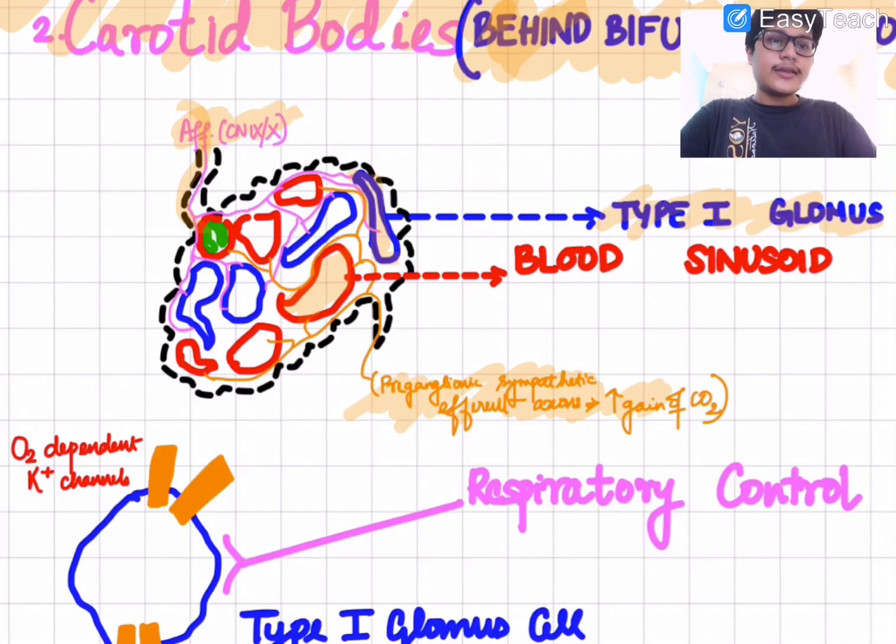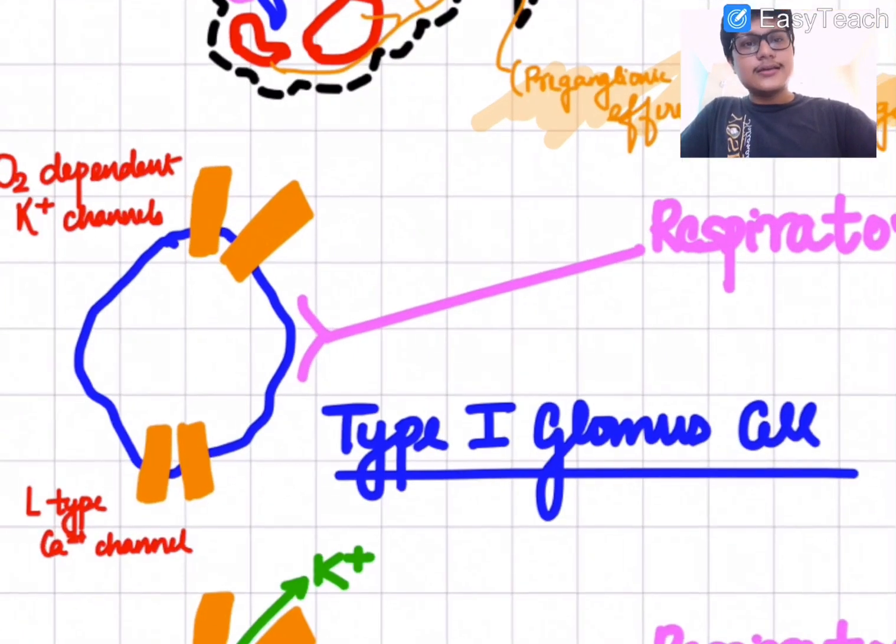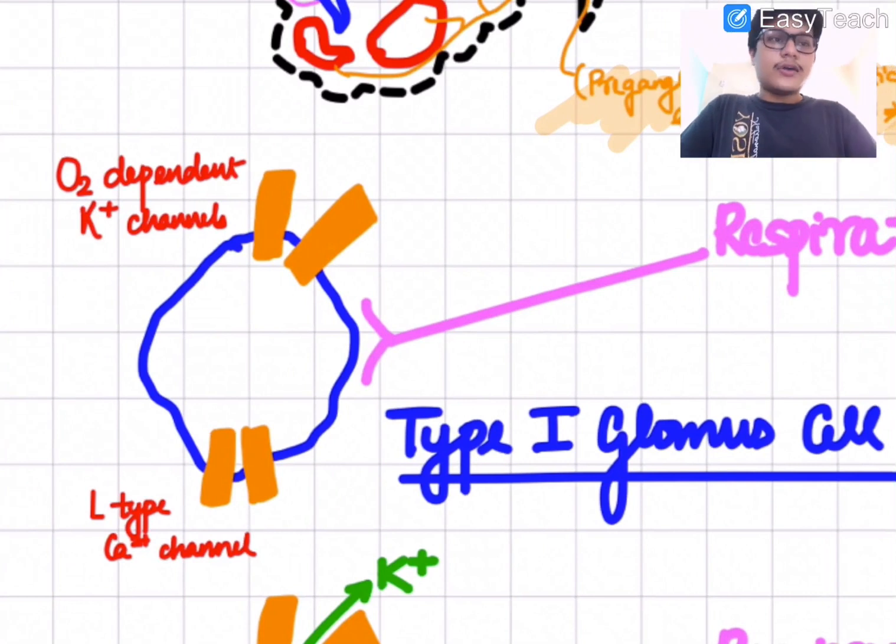The sympathetic efferent axons are essentially preganglionic, and these will be responsible for increasing the gain of carbon dioxide. Now, why is this supply essential? We'll deal with it in the respiratory physiology portion. For the time being, just remember the ultrastructure of these chemoreceptors. However, the most important cells over here are these type 1 glomus cells.